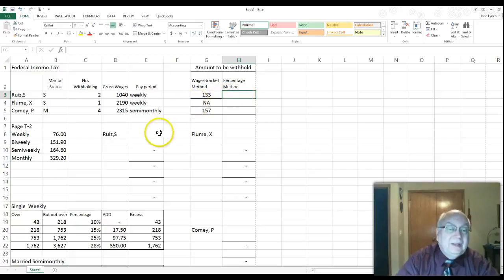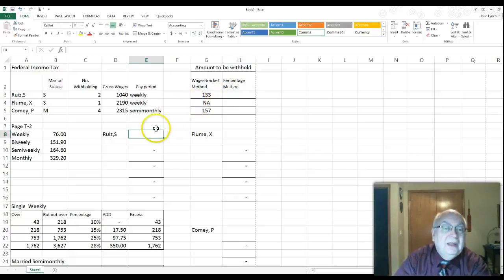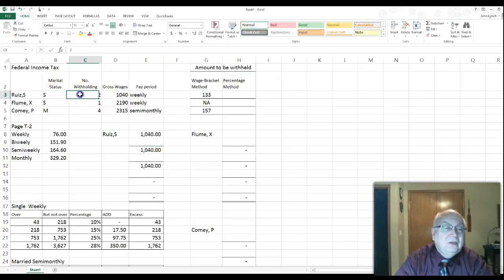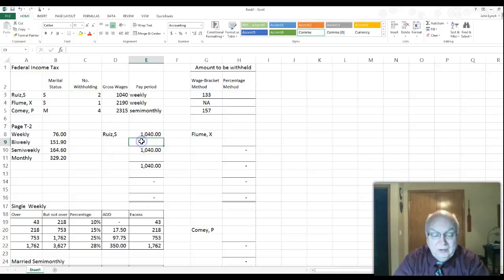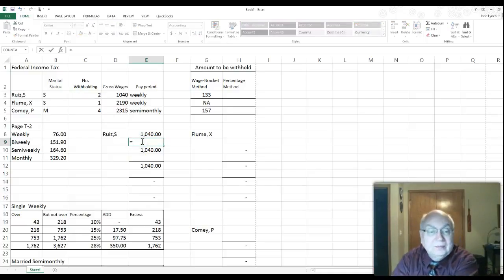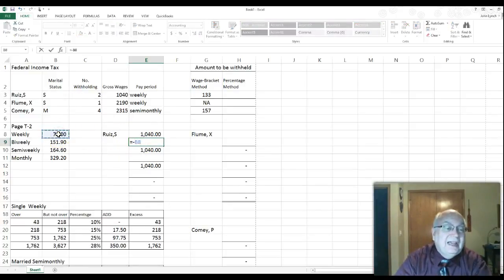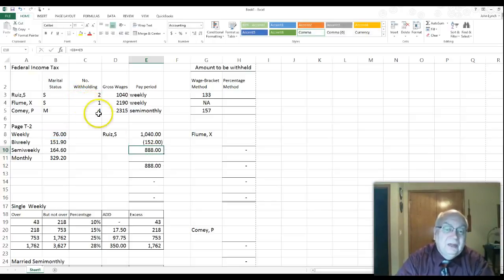So for the percentage method, you will start with the gross pay of 1040. Now this individual is single with two exemptions. So what we want to do then is take the $76, because that's on page T2 in the back of the book, times the number of withholdings, which comes to 152.